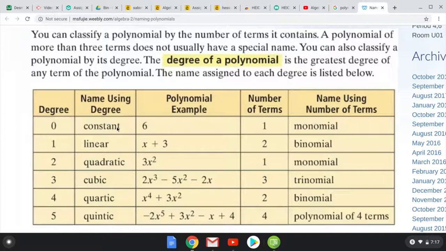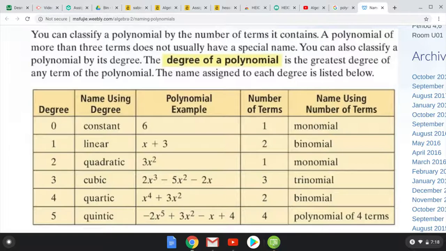If there's no x, that's a constant. First degree linear, second degree quadratic, degree 3 is cubic, degree 4 is quartic, degree 5 is quintic, and after that we don't have any special names. So if it's degree 6, if it has a power of 6, you just call that a 6th degree polynomial. We don't have any special names for that anymore.